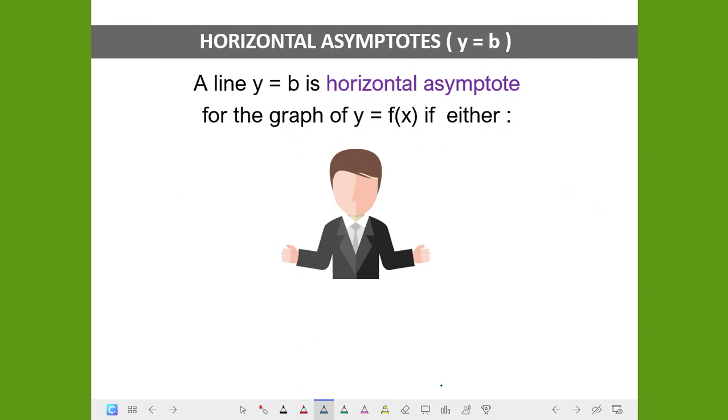For a horizontal asymptote, the value y is equal to b.